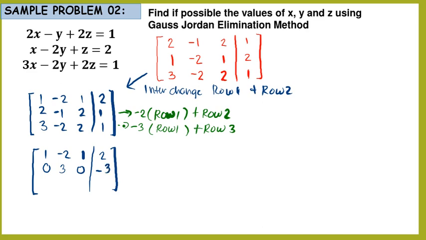Okay, yan. And then for our row 3, yung element natin dito, negative 3 times yung row 1 natin, which is 1, plus yung row 3 natin, which is 3. And then yung element natin dito, negative 3 times the row 1 plus yung row 3 natin. And then yung element dito, negative 3 times yung element natin dito sa row 1 natin plus yung element dito sa row 3 natin.